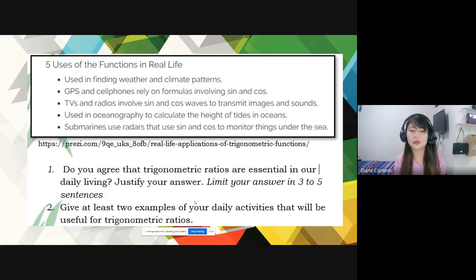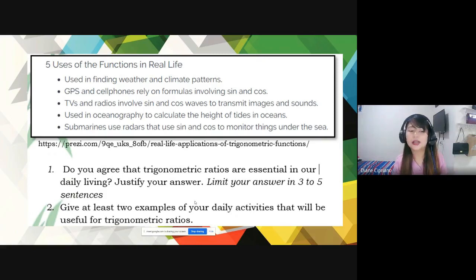So I have here 2 questions for you to be able to appreciate it on your own. My first question is, do you agree that trigonometric ratios are essential in our daily living? Answer it and justify your answer. Limit your answer to 3 to 5 sentences.